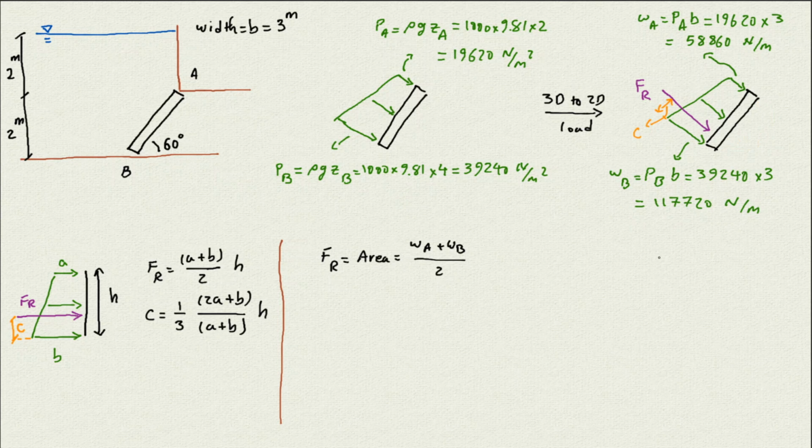So if this is a gate, we know that this distance is 2, we know that this height is 2, and we know that this is 60 degrees, and we want to find this length. This is the length we will look for, so the length I would call the AB.